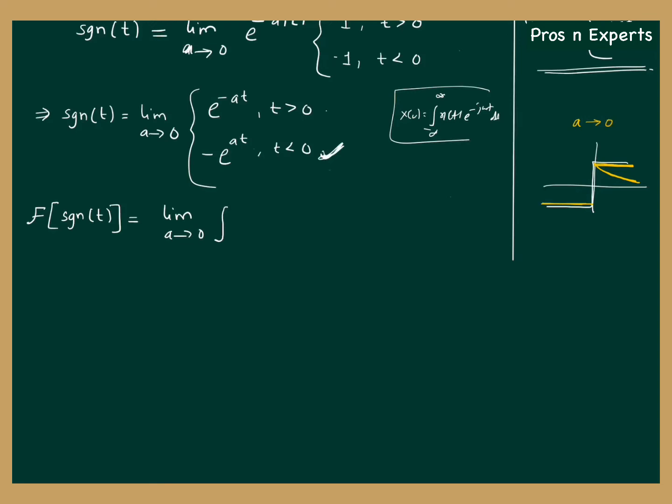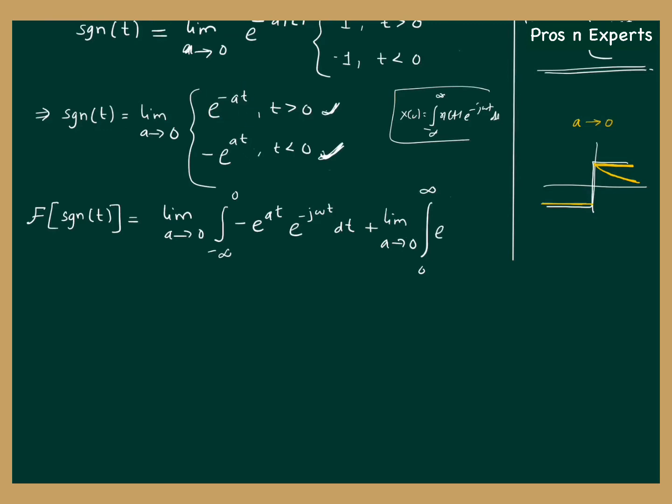This is the negative t side, so minus infinity to 0. We have minus e raised to at, which is the signal on the negative t axis. So minus e raised to at into e raised to minus j omega t dt, plus the next part, again limit a tends to 0. Next is this positive part, so 0 to infinity, and in that case the signal is e raised to minus at.